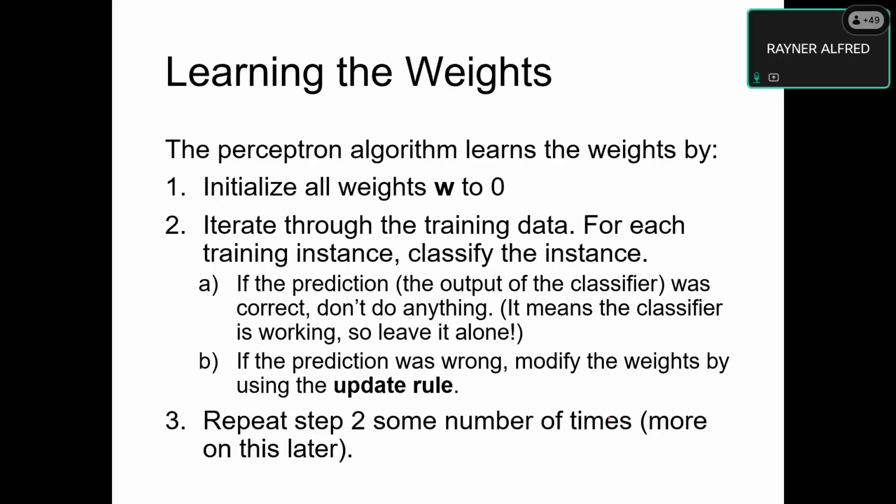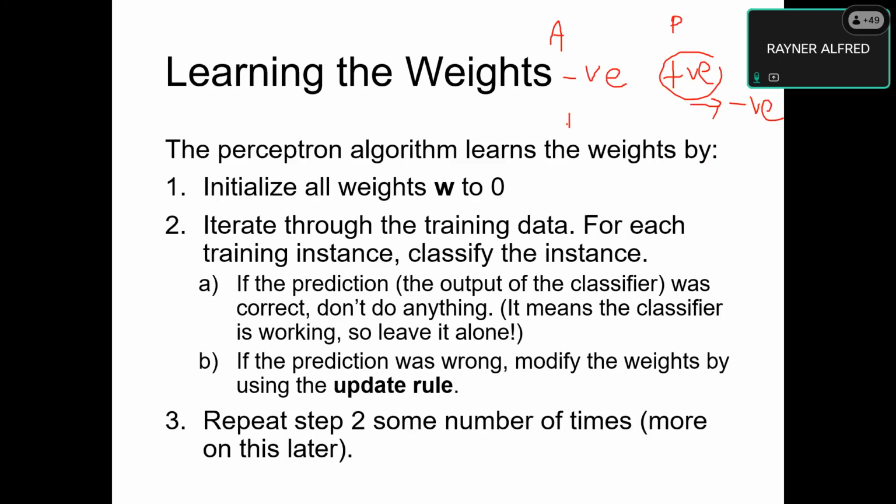So if your aim is a negative sample, you will try to change the sign of your weight to negative. For example, if your actual class is negative and the prediction is positive, what you want to do is update the weightage so that this symbol will turn negative.